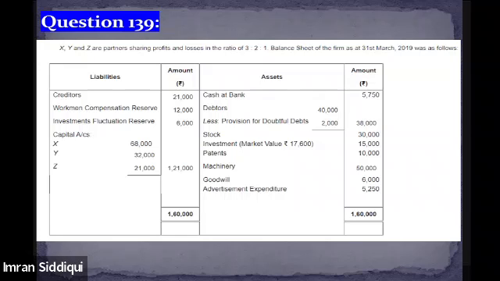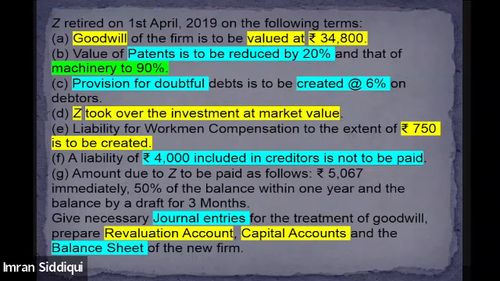Apart from the balance sheet, we have been provided with certain adjustments. The goodwill of the firm is valued at 34,800. The value of the patent is to be reduced by 20%, and that of machinery by 90%. Provision for doubtful debt is to be created at 6% on debtors.